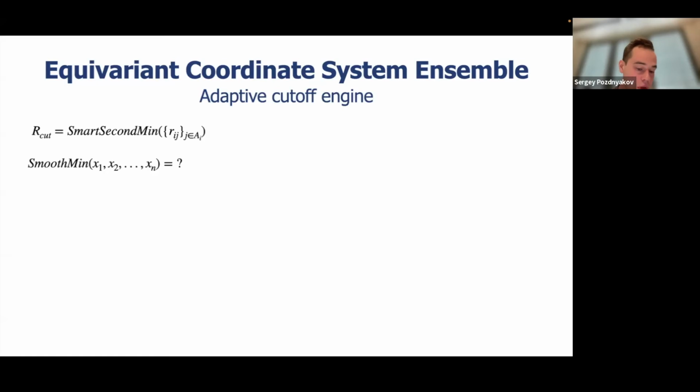But the good news is that I can illustrate the main idea of this construction on a much simpler problem. Instead of analyzing the fancy approximation for a second minimum, I can discuss the well-known approximation just for a minimum.